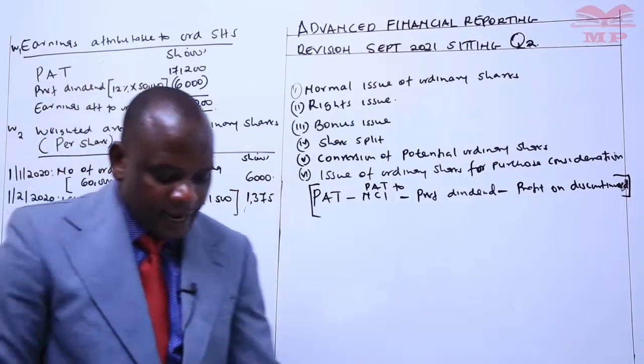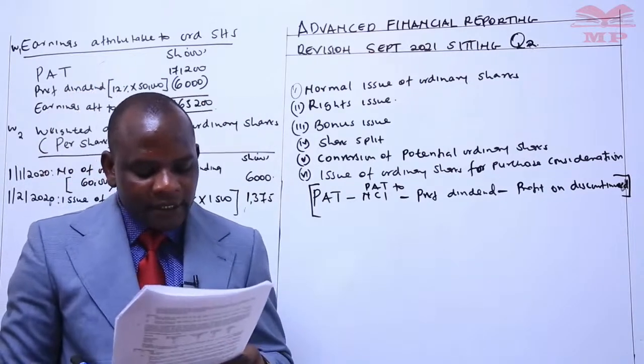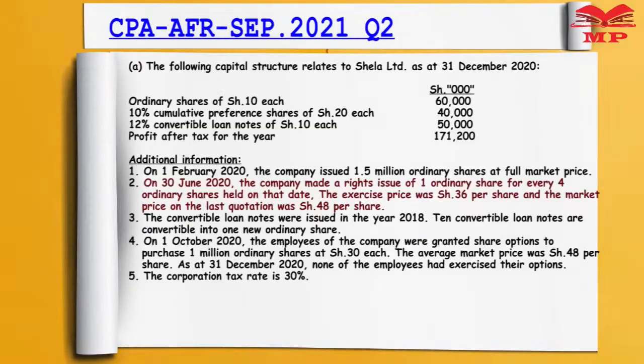Then the next item that affects basic EPS is number 2. Additional information 2. On 30th June 2020, the company made a rights issue of 1 ordinary share for every 4 ordinary shares held on that date. The exercise price was 36 per share, and the market price on the last quotation was 48 per share.